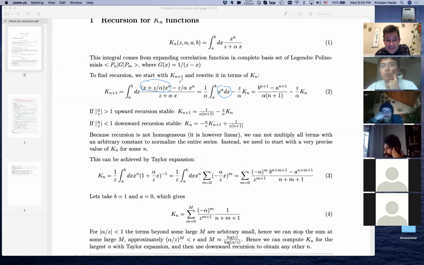And the second part is exactly k_n times z over alpha. You see that? So we managed to write k_(n+1) in terms of some prefactor times k_n and something that we can definitely evaluate. Is it clear?